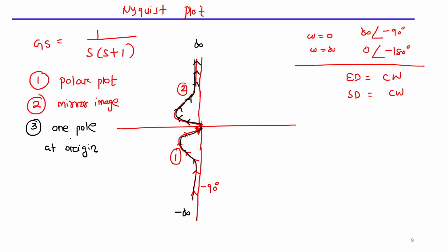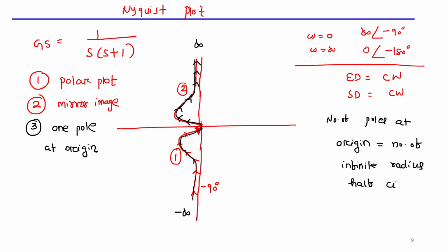So remember that as many poles as at the origin, that many infinite radius half circles. Just write down this point: number of poles at origin equal to number of infinite radius half circles. Okay, sir.